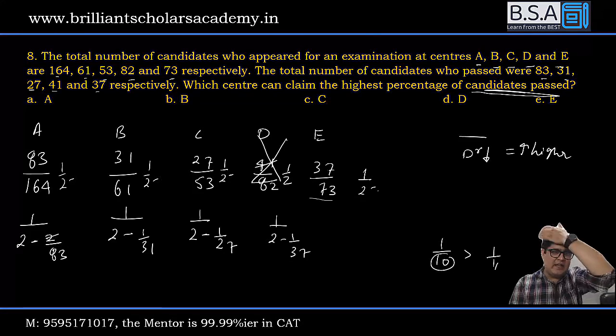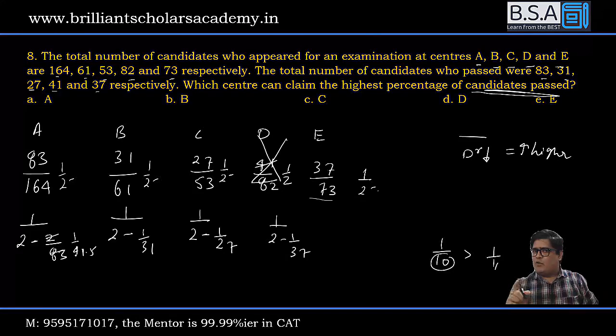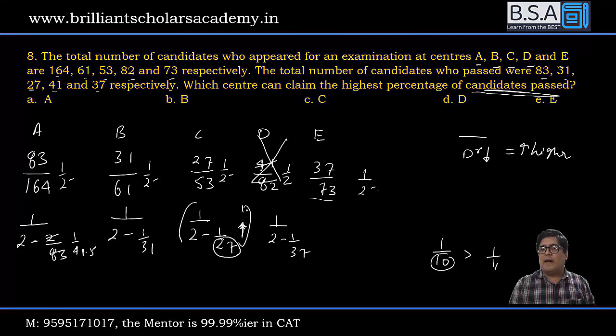Can I say this looks like 1 by 41? 41.5. Now everywhere there is 2 minus. Pay attention. This is the smallest value. This is the largest negative, this 1 by 27. That means this is the overall maximum ratio.